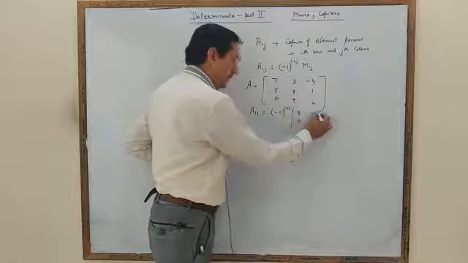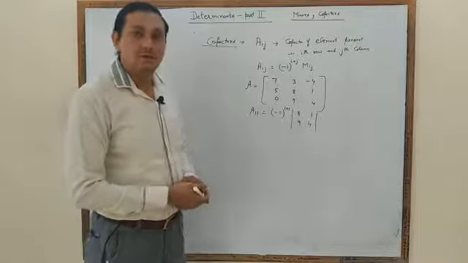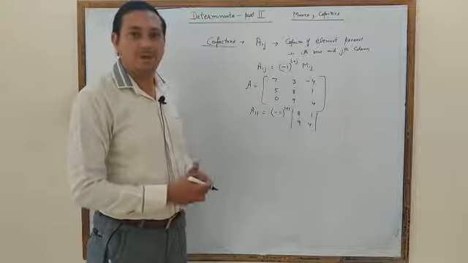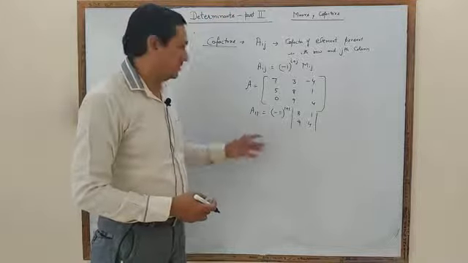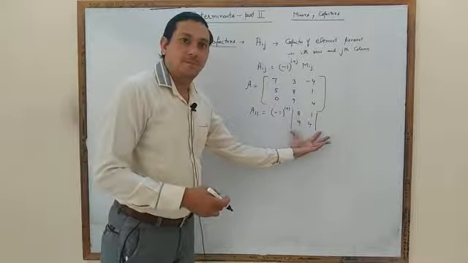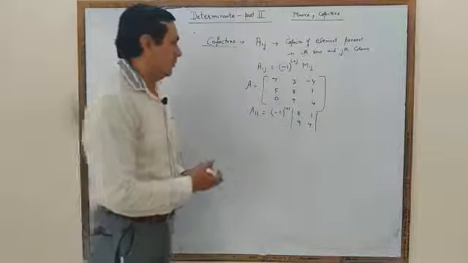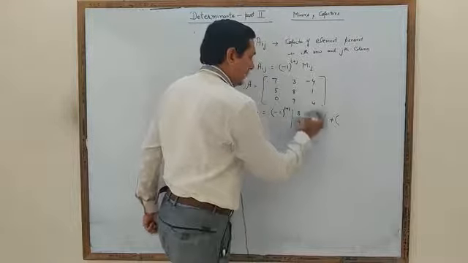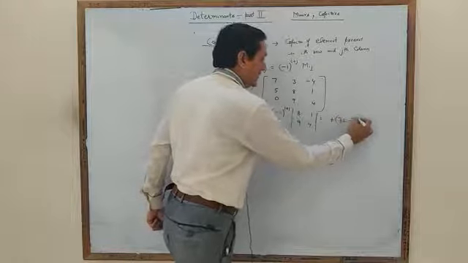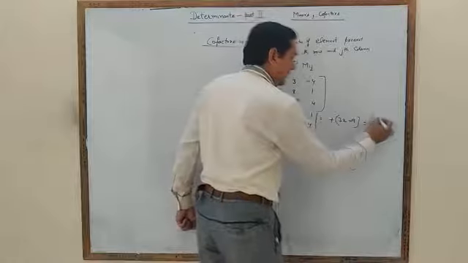Minor, I repeat, is the determinant of the submatrix obtained after deleting ith row and jth column. It is our minor, and we have multiplied it by -1 raised to the power 1 plus 1. Positive sign, 8 4s are 32 minus 9, which comes out to be 23.